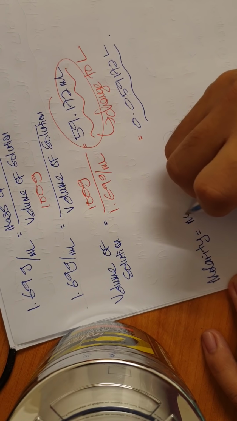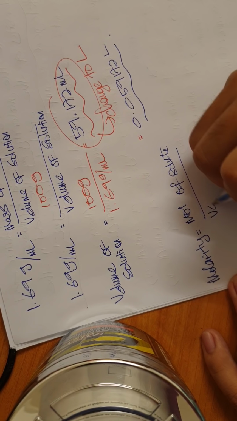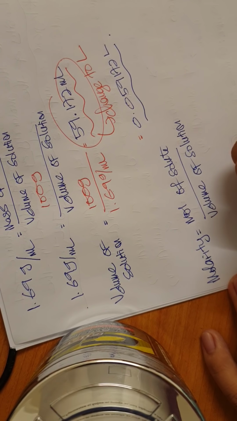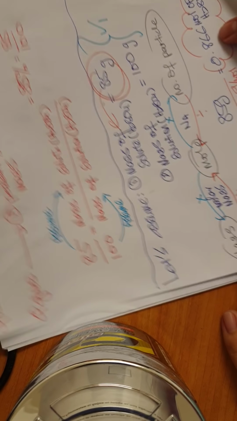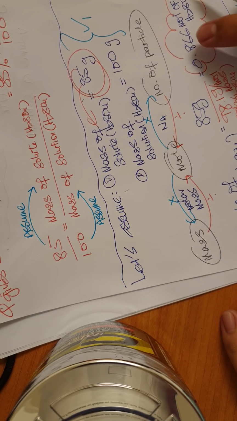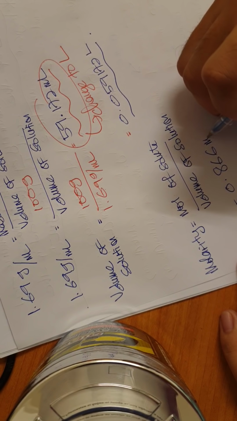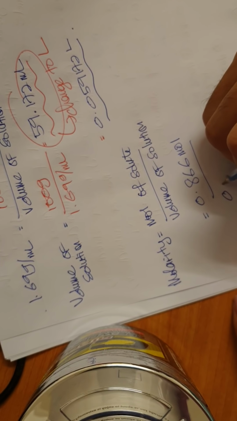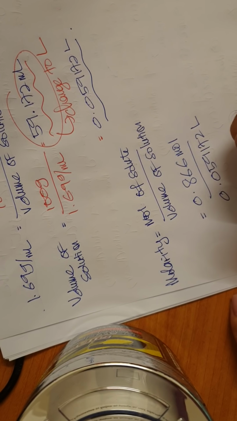Molarity is mole of solute over volume of solution. The number of mole that we have got, 0.866, so this is the number of mole, 0.866 mole over this 0.059172 liter.